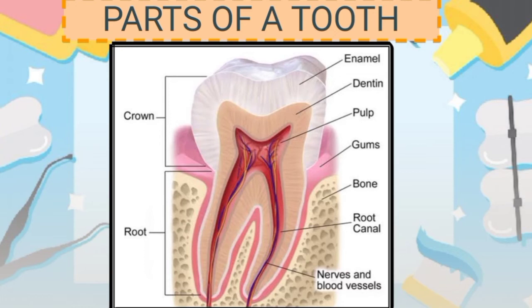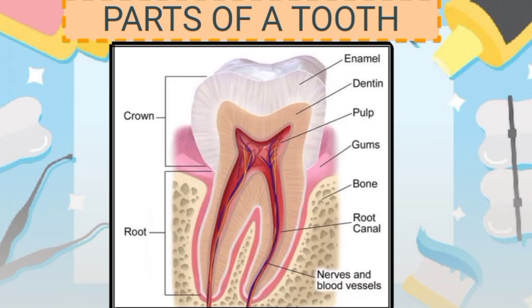The crown is the part we see, whereas the root is the part inside the gums. Gums hold the teeth in their places. The white part on the outside of a tooth is called the enamel. It is the hardest substance in the human body.